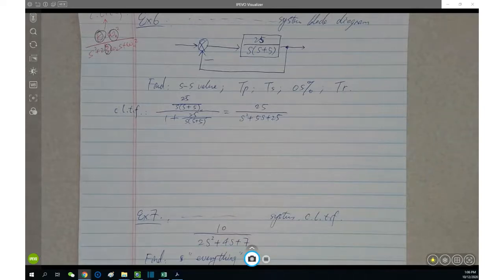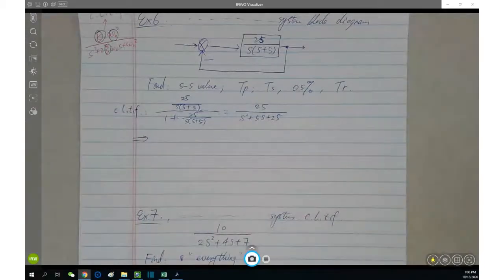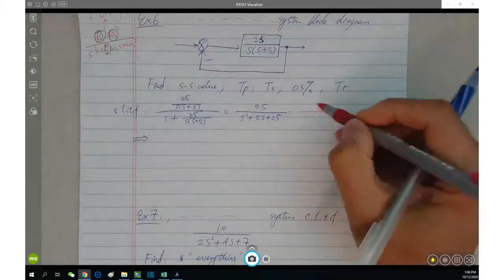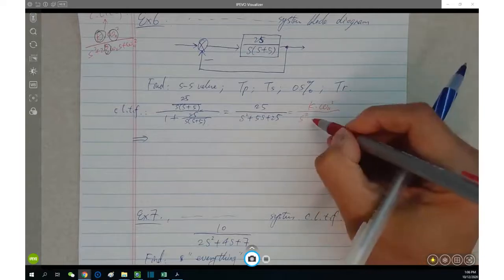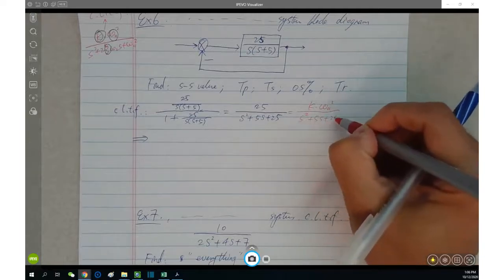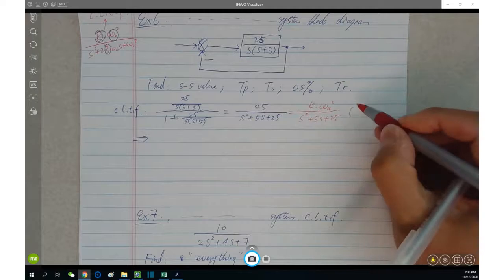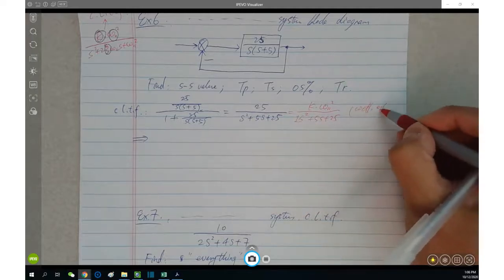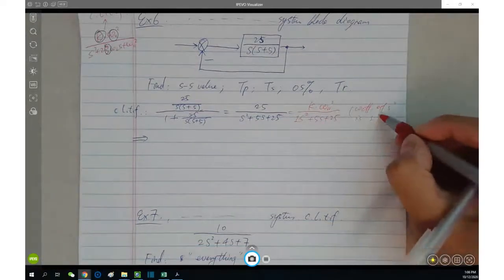So from here, we derive that this is just equal to k times omega n squared over s squared plus 5s plus 25. Also we notice that the coefficient of s squared is 1.